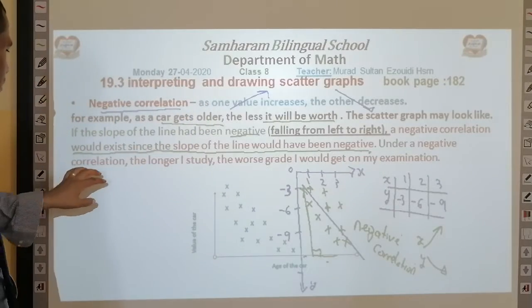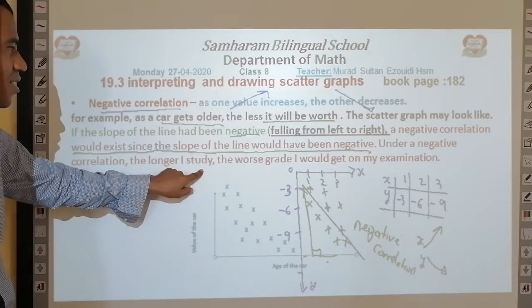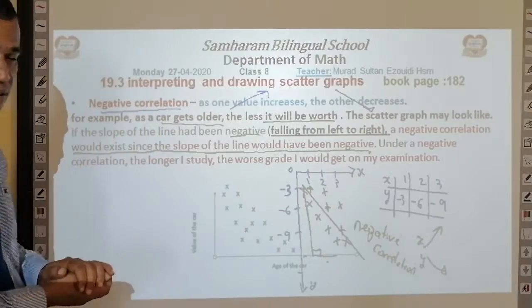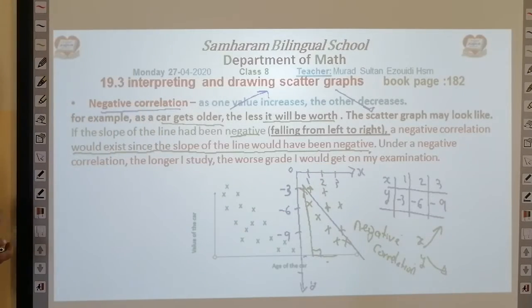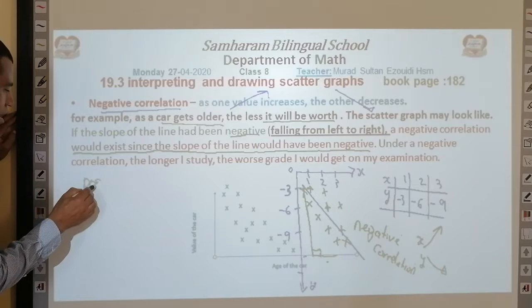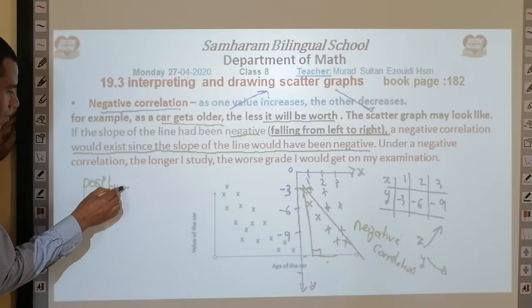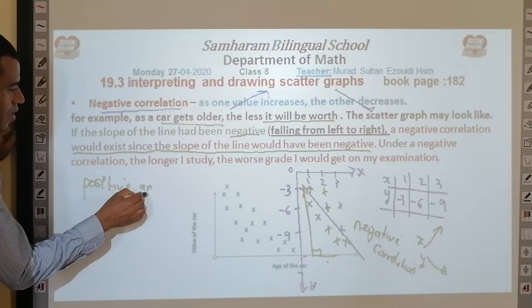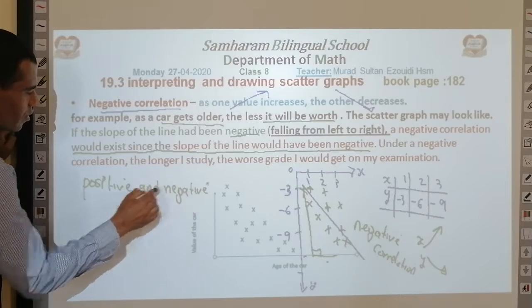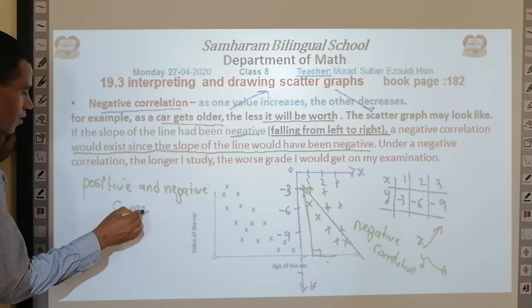And another negative correlation: the longer I study, the worse grade I would get on my examination. At least now we can distinguish between positive and what? And negative. Positive and negative correlation.